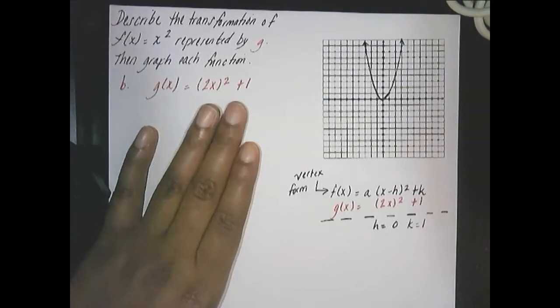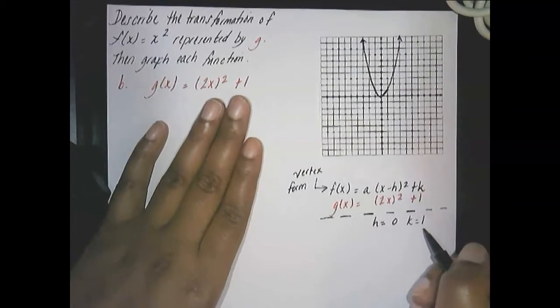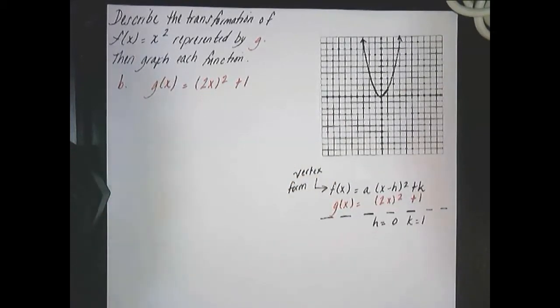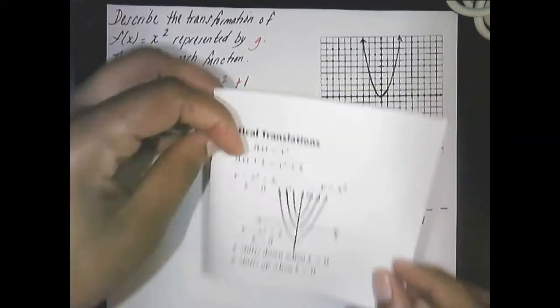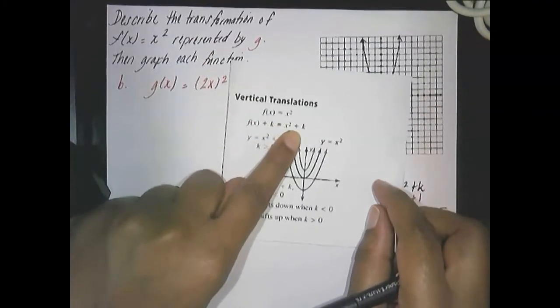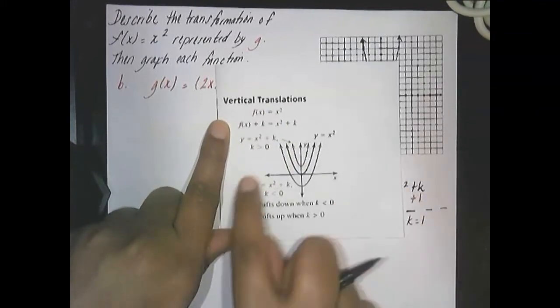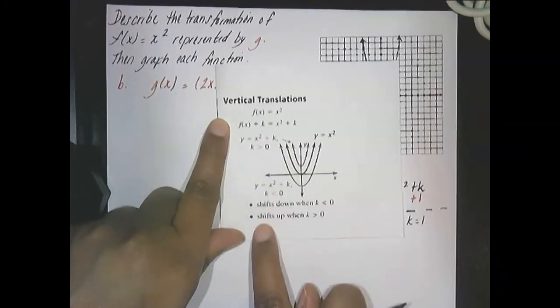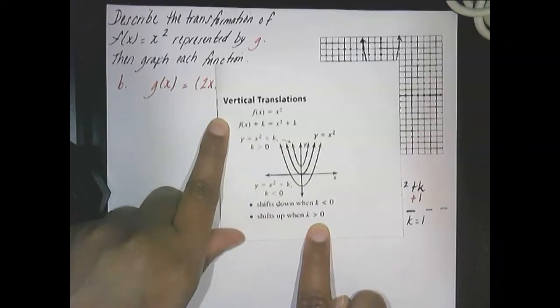So here's what we know about that 1. If we go back and look at what the 1 does, the 1 is in place of k here, and that does a vertical transformation. And because we have k being greater than 0, in this case we have 1, so it's going to shift up 1 unit.